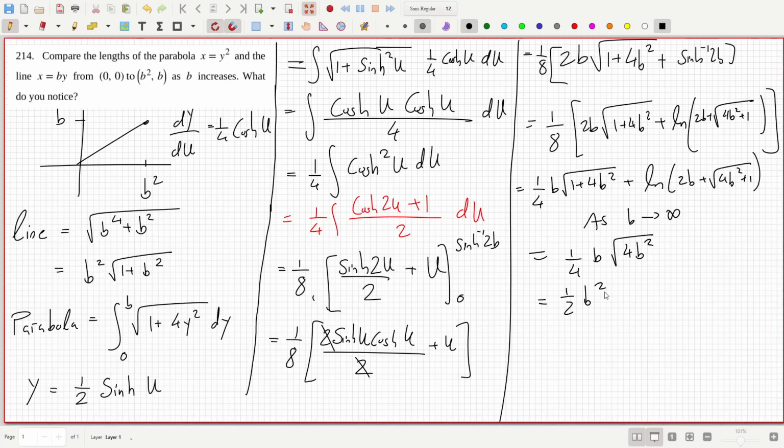I feel like I lost a 2 somewhere. I did here. That's the identity, and then that 2 comes out as an 8. Oh no, that is sine 2u over 2.